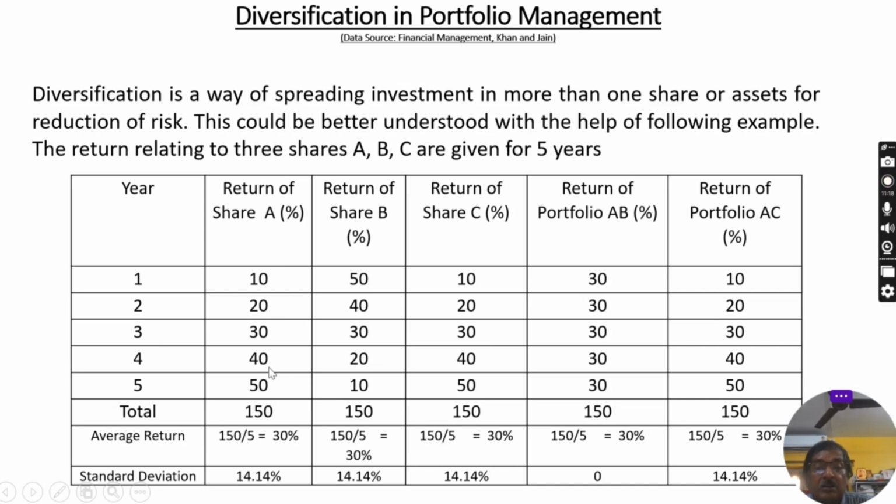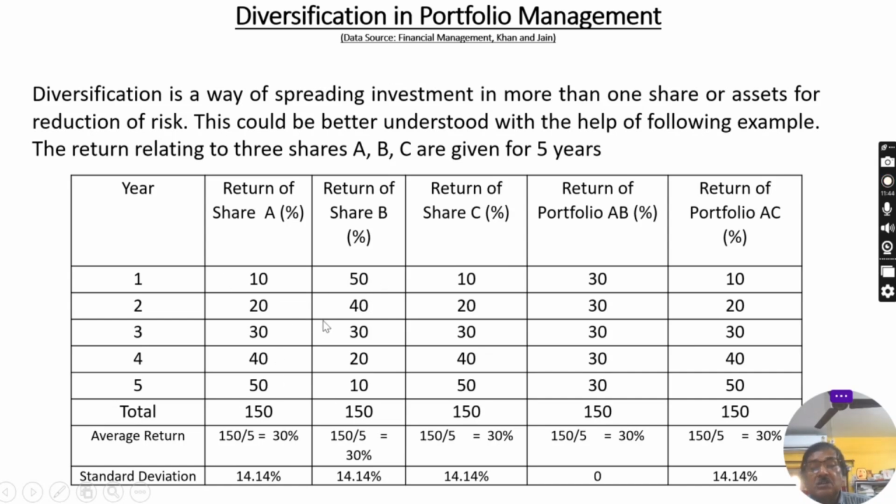When 20, then 40. That means the correlation between the returns of share A and share B is negatively correlated, inversely related, and here it is purely -1, because the arrangement is just reverse of this.